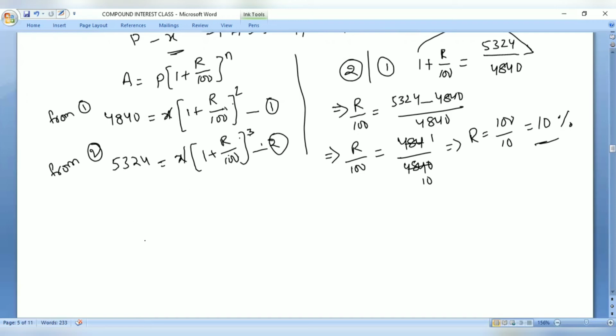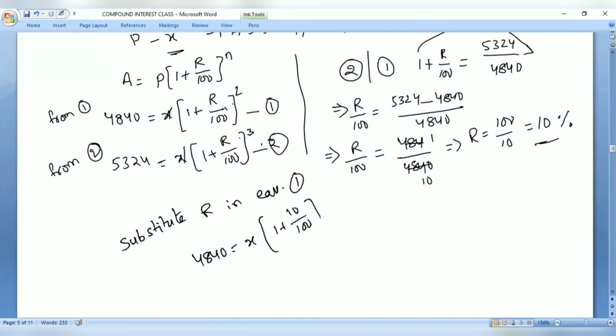Now let us consider equation number 1. Here I am writing, substitute R in equation 1. So what is that equation? 4,840 equals, principal we do not know, into 1 plus R, that is 10 by 100, whole square.